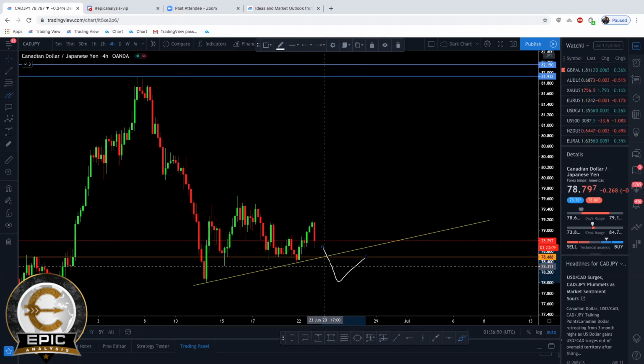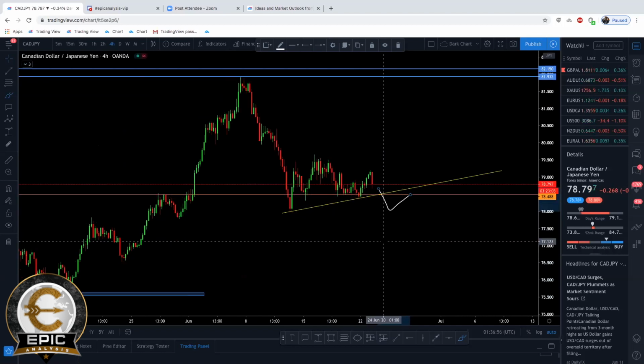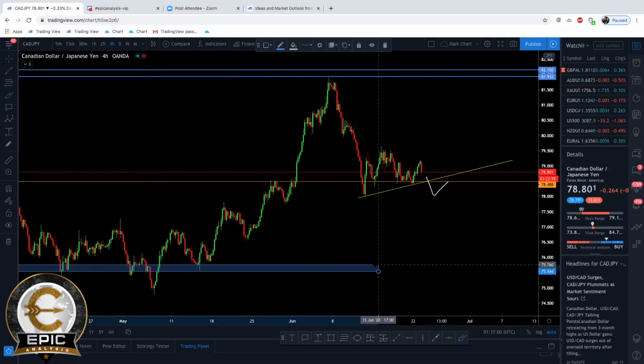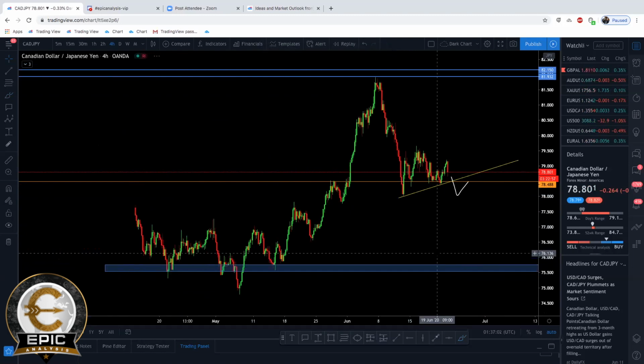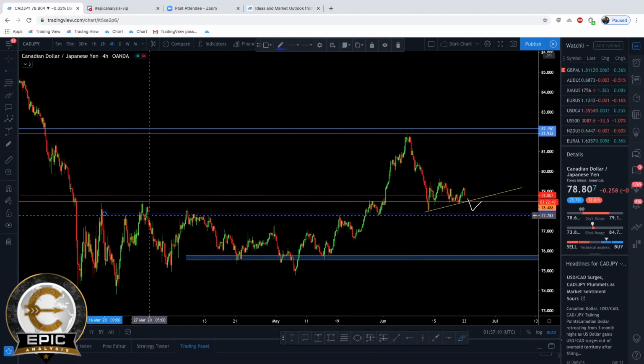Or if that breakout candle is not too strong and the risk to reward is still worth it, you could look to take price down lower. The next point of targets will probably be around this resistance point down here, around 78.